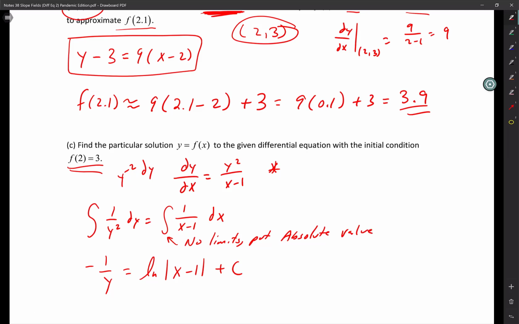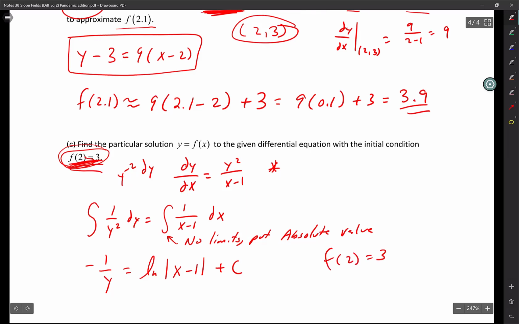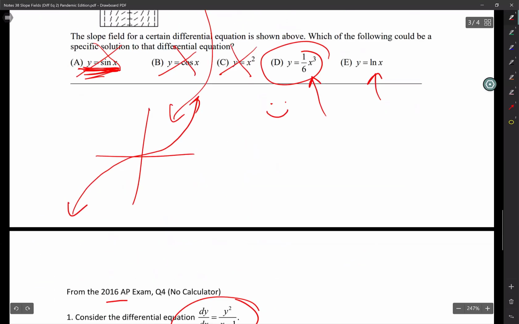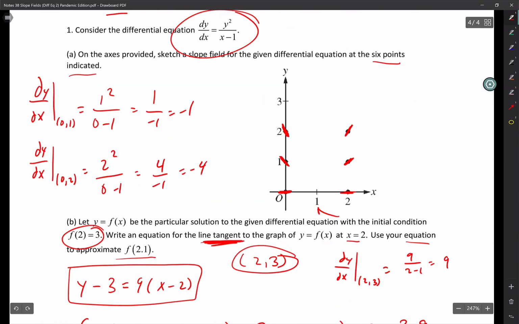Now that I notice, you see how I have x equals 2, 3 here? Since I have this, if I'm talking about x equals 2, that means that x is greater than 1, right? Okay, maybe I'm going to confuse you.